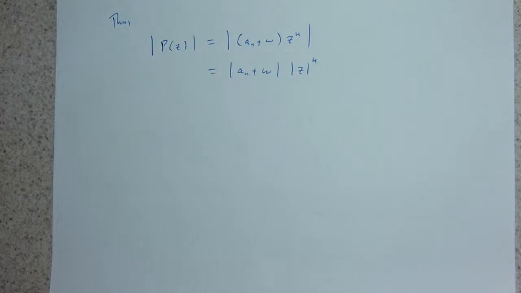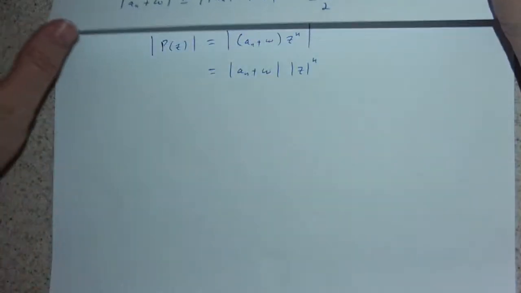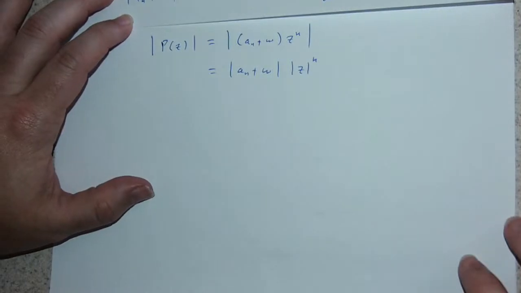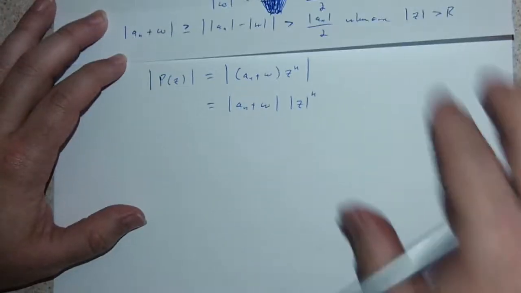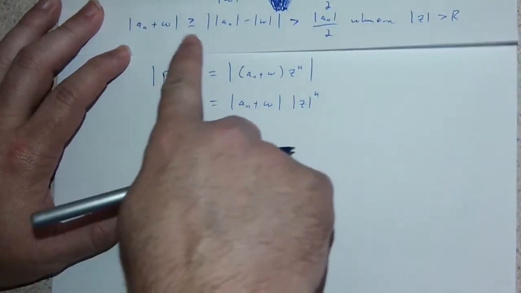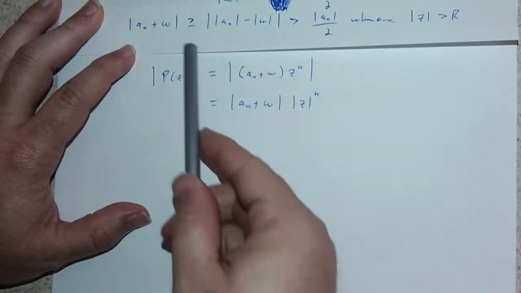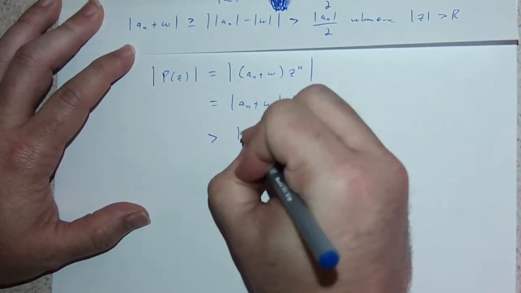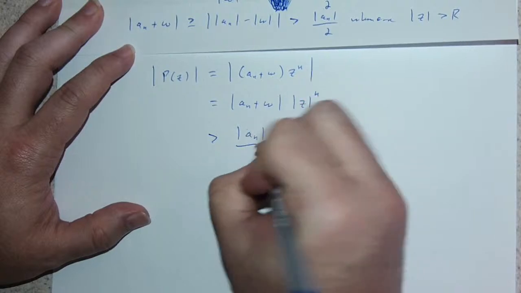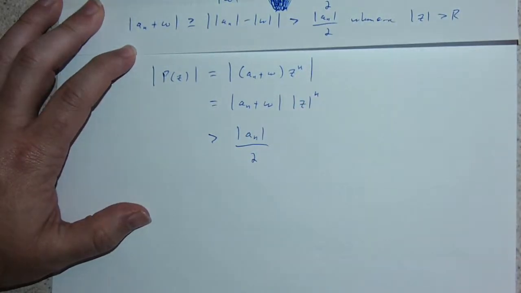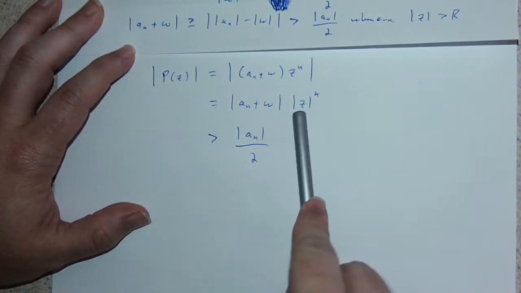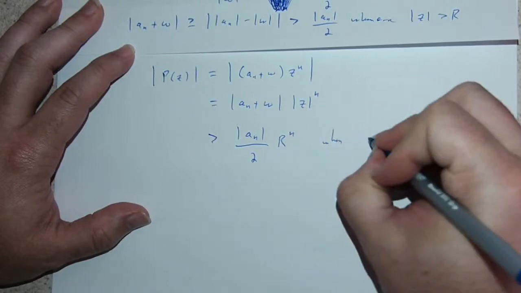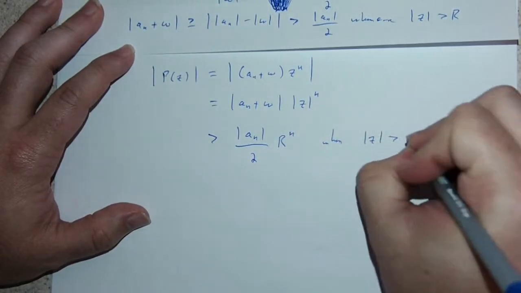But going back, I have this bound, so that this is strictly greater than the modulus of a sub n over 2 times R to the n when the modulus of z is strictly greater than R.